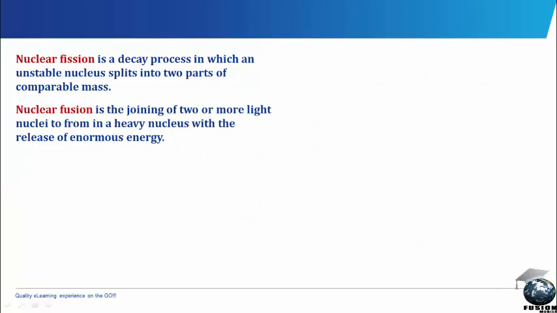Nuclear fission is a decay process in which an unstable nucleus splits into two parts of comparable mass. Nuclear fusion is the joining of two or more light nuclei together to form a heavy nucleus with the release of enormous energy.